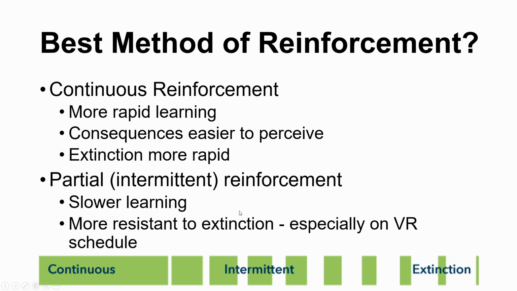So with partial or intermittent reinforcement, it's a lot harder for extinction to occur. Especially our variable responses, variable interval or ratio, are very resistant to extinction because we don't have a set pattern. In particular, variable ratio is the most resistant to extinction, so we'll see the most persistence in pressing the lever in that situation.